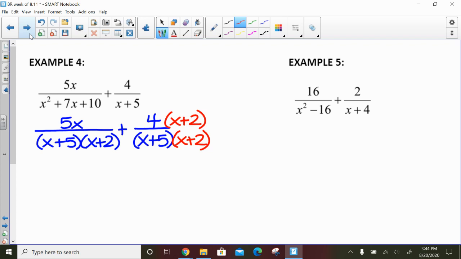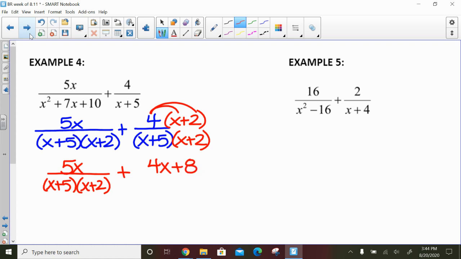Okay, so my next step, I'll have 5x over x plus 5 and x plus 2 plus, now I'm going to distribute that 4 to the x and the 2. So that'll give me 4x plus 8. 4 times x and 4 times 2 over x plus 5, x plus 2.